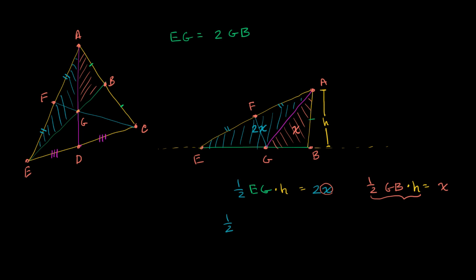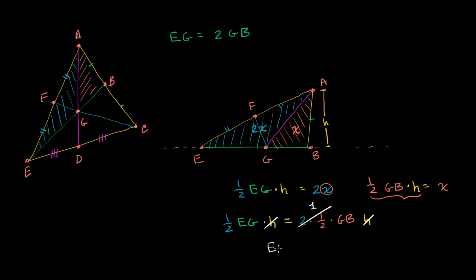We get 1/2 times EG times h is equal to 2 times 1/2 times GB, the base of the smaller triangle, times h. And now we can just simplify this. We have 2 times 1/2 is just going to be 1. You can divide both sides by h. And we are left with 1/2 EG is equal to GB.